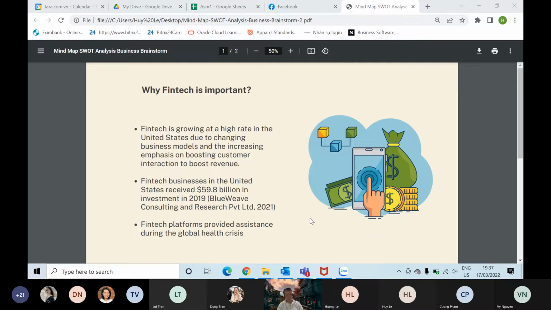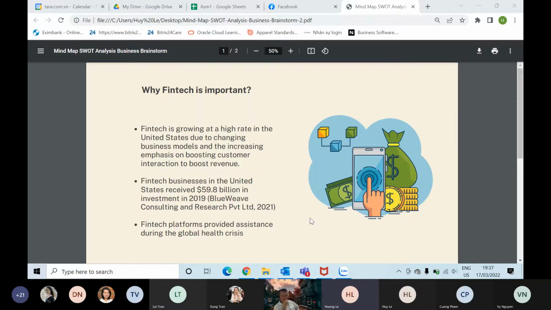So why is fintech important? There are two main points. First, because of the technology revolution, the government has regulated digital payment methods, banking and credit, which contributes to the role of fintech, especially in the U.S. market.